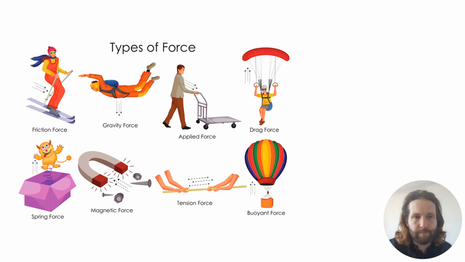Well, I've got loads of examples here: that frictional force in play, that gravitational force pulling them down, that applied force, the thrust he's putting on that trolley, the drag force, the air resistance opposing the parachute, that restorative force from the spring sending upwards, the magnetic force of attraction there, the tensile forces, the buoyancy due to the upthrust. This interaction between the object and the force applied is what governs its motion and how it moves.